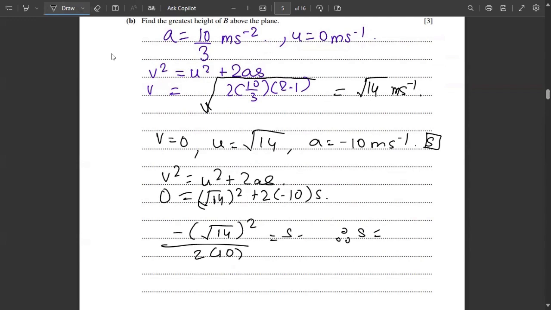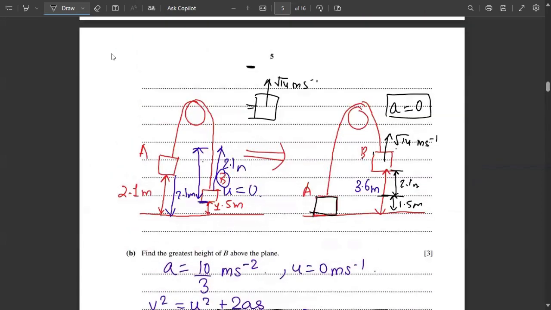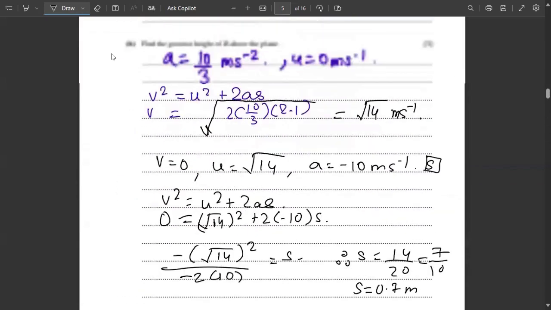Therefore, the distance traveled will be 14 upon 20, which is 7 by 10. So distance traveled is 0.7 meter. That means after reaching 2.1 meter, having gained root 14 velocity upwards, it will still move upwards a little bit, and that height will be 0.7 meter.